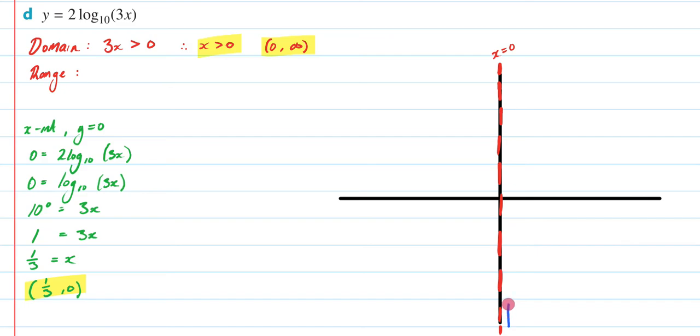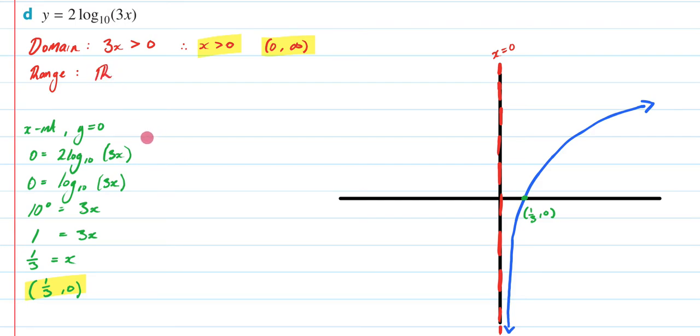I'm going to get something that looks like this. That is perfect. This right here is going to be (1/3, 0). Now I can figure out what my range is. It's obviously going to be all real numbers.